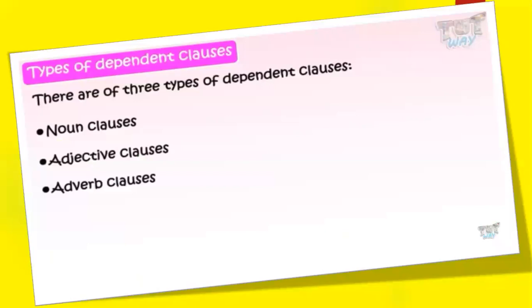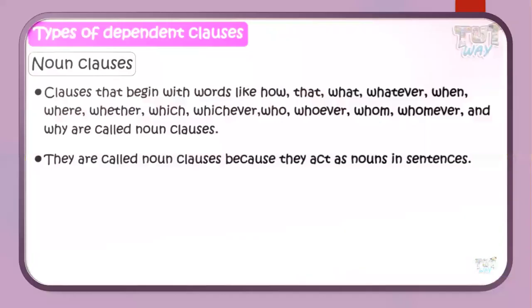So now types of dependent clauses. Dependent clauses can be divided into 3 types. One is noun clauses, other is adjective clauses, and the third is adverb clauses. Now we are taking the noun clauses.